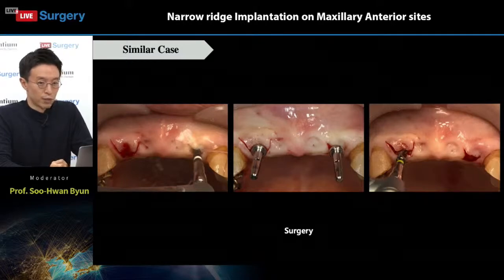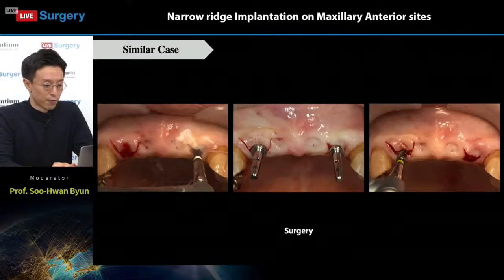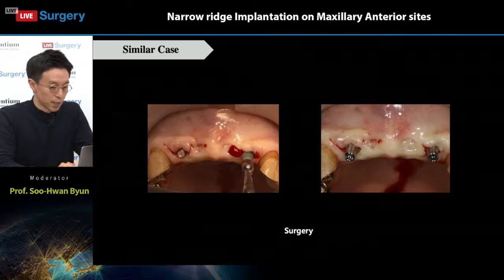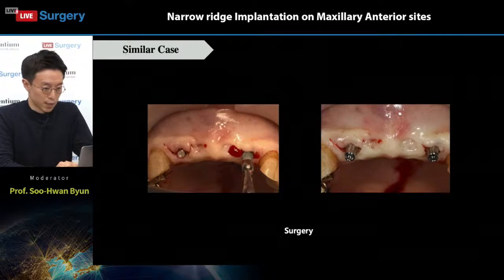A 2.5 Bright drill was used finally to place 2.5 Bright tissue level implants, and second comfort caps were connected.